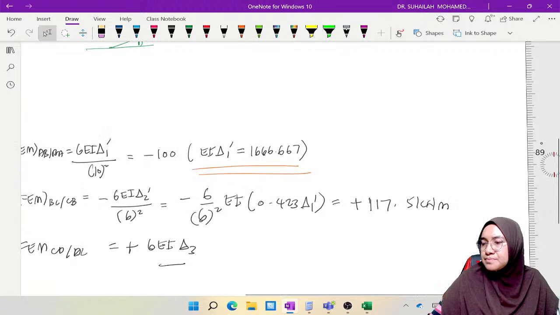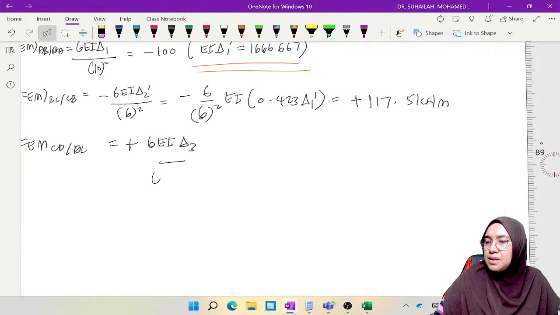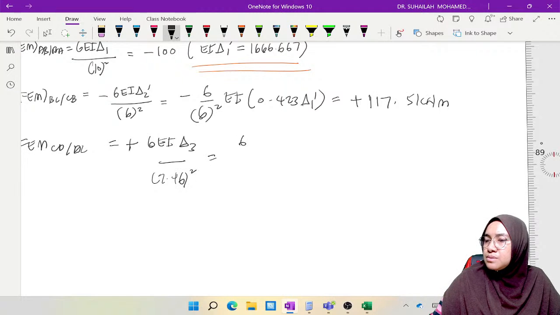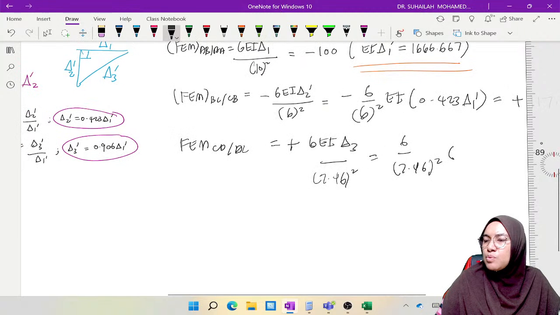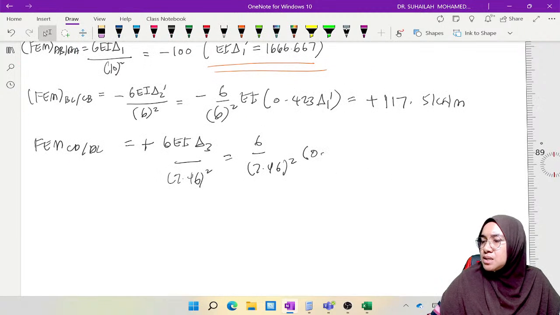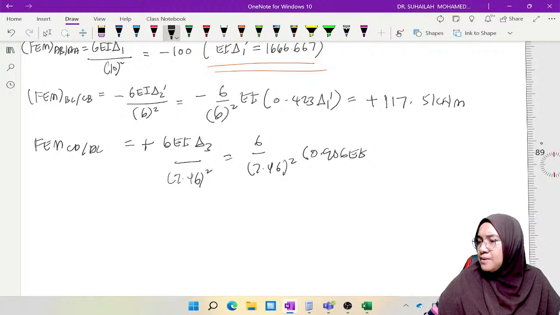Okay, for FEM CD, DC, it is positive 6 EI delta 3 over 7.46 square, equal to 6 over 7.46 square times 0.906 EI delta 1 prime.